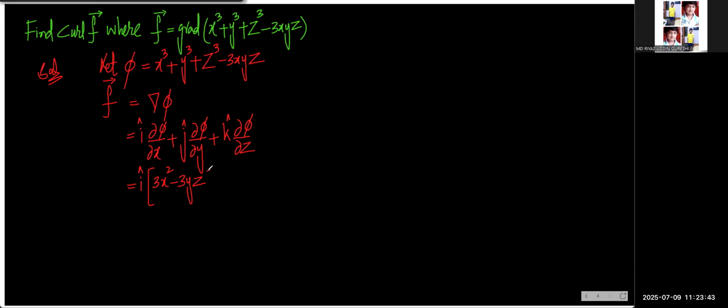Correct? j cap with respect to y is 3y square minus 3xz. k cap with respect to z is 3z square minus 3xy. Once this is done, we got our f value clearly. Then we have to go for what? Curl.